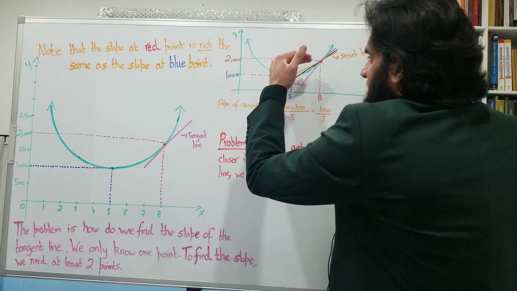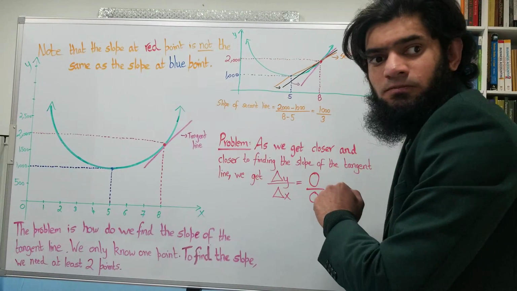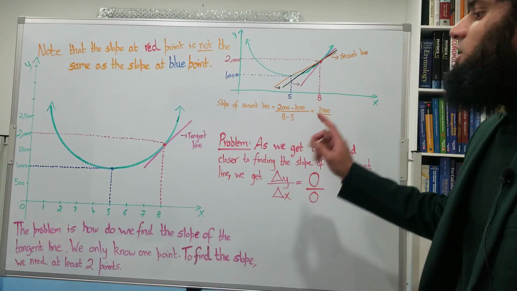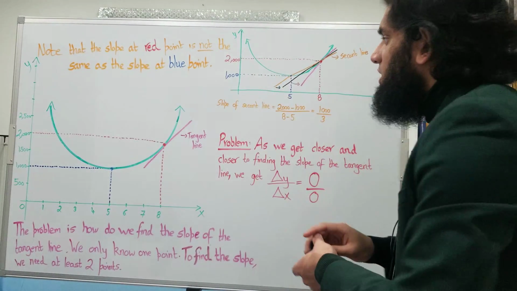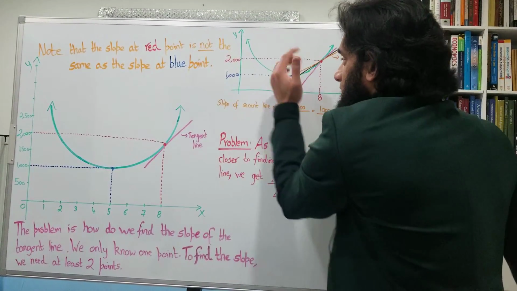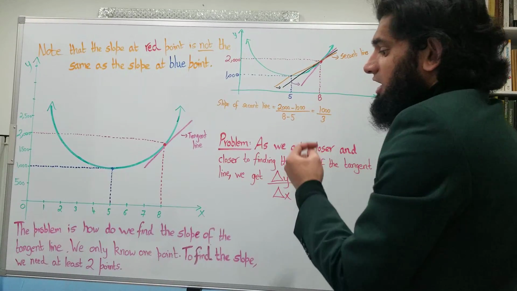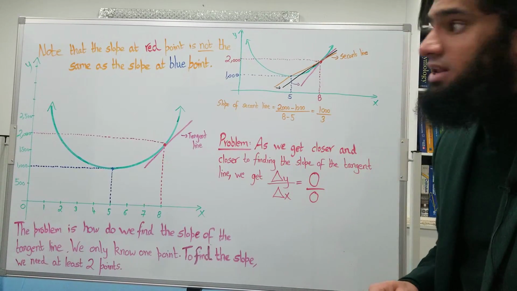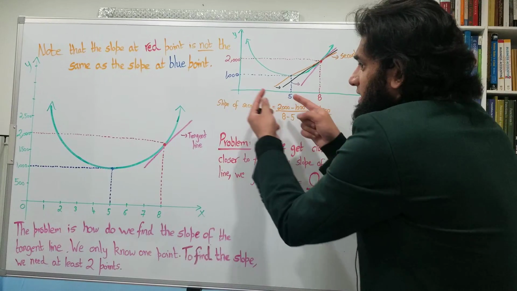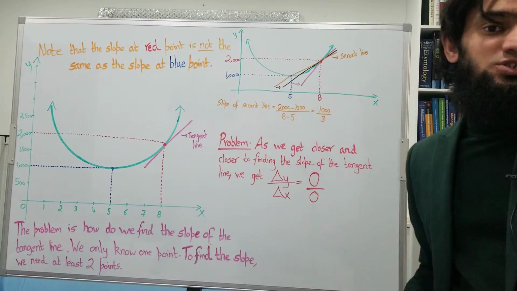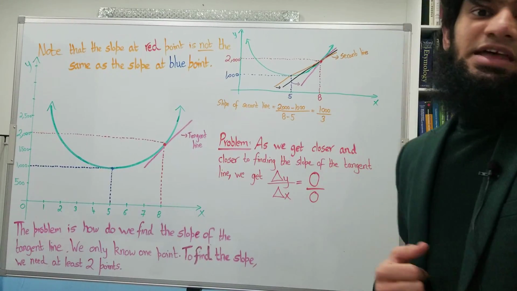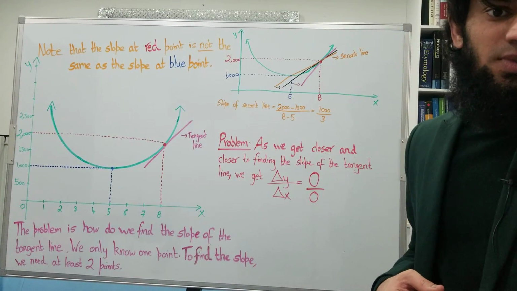So we can go ahead and continue doing that. However, the problem is, the more accurately we're able to do that, the closer and closer we get to the tangent line, we have a problem there, right? Because then the difference in the y values is going to get to 0, and the difference in x values is also going to go to 0, right?